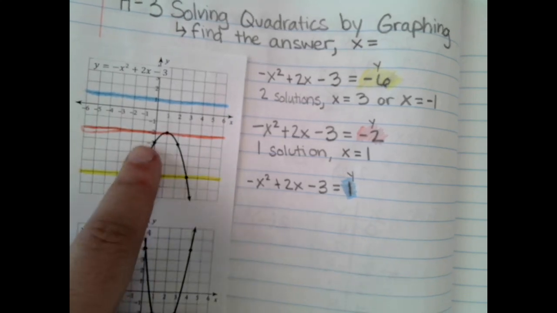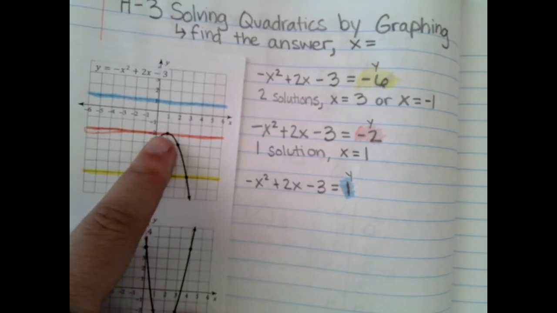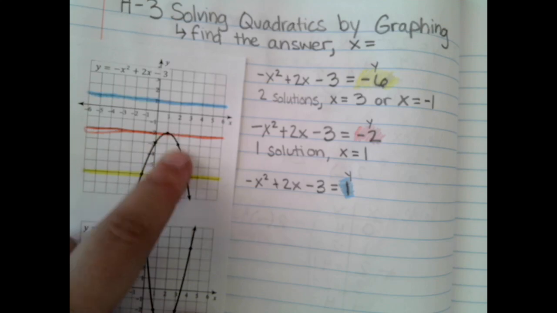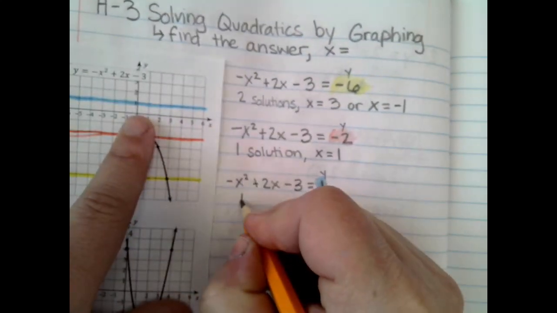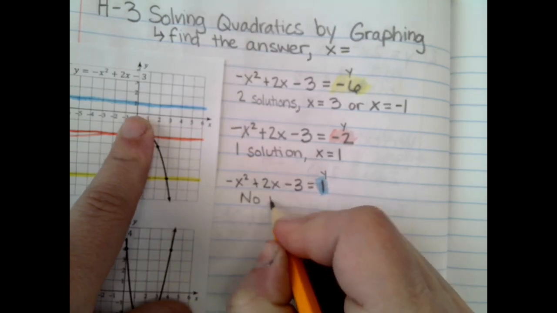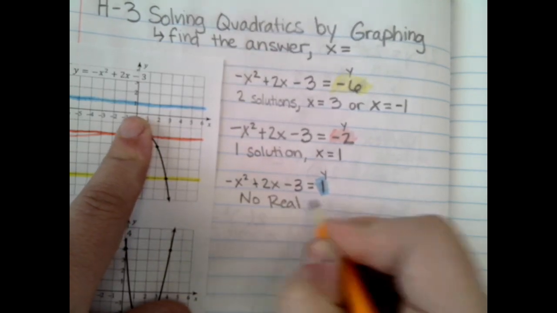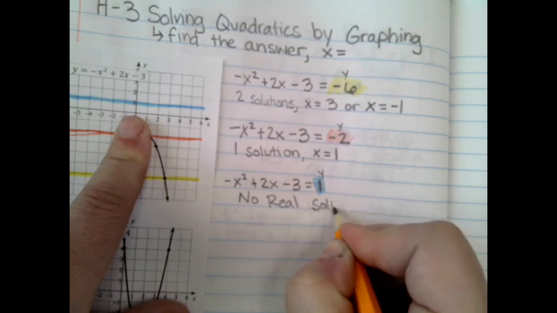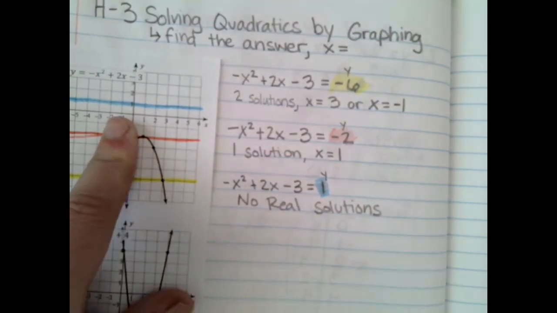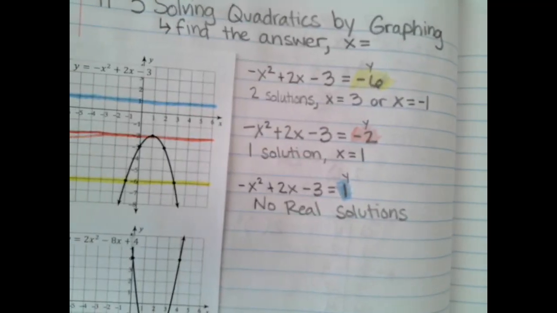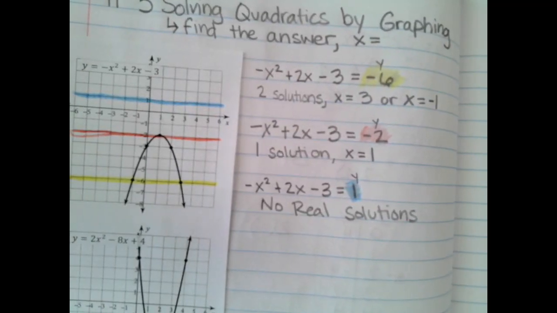It goes up, up, up. It hits that -2, then what happens? It goes back down. It doesn't ever get all the way up to that 1. So this one is no real solutions. We're going to put in that word real, because when you're in Algebra 2, you're going to learn about imaginary numbers or complex numbers, which will then have a solution, probably.